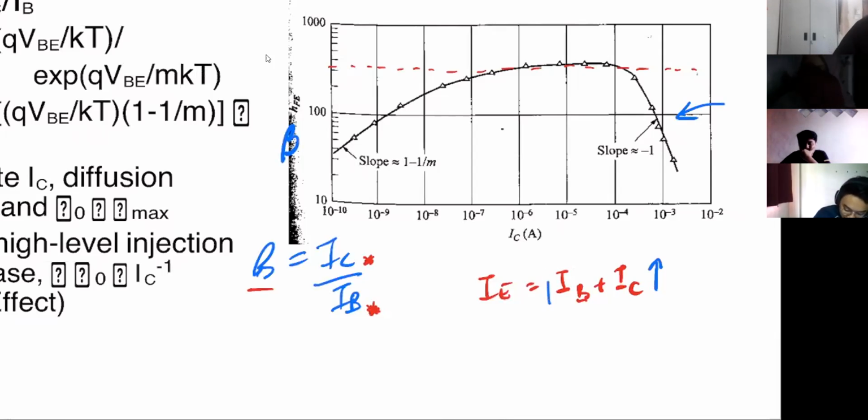IB should increase accordingly. Therefore, beta should be okay. We understand how BJT works, right?